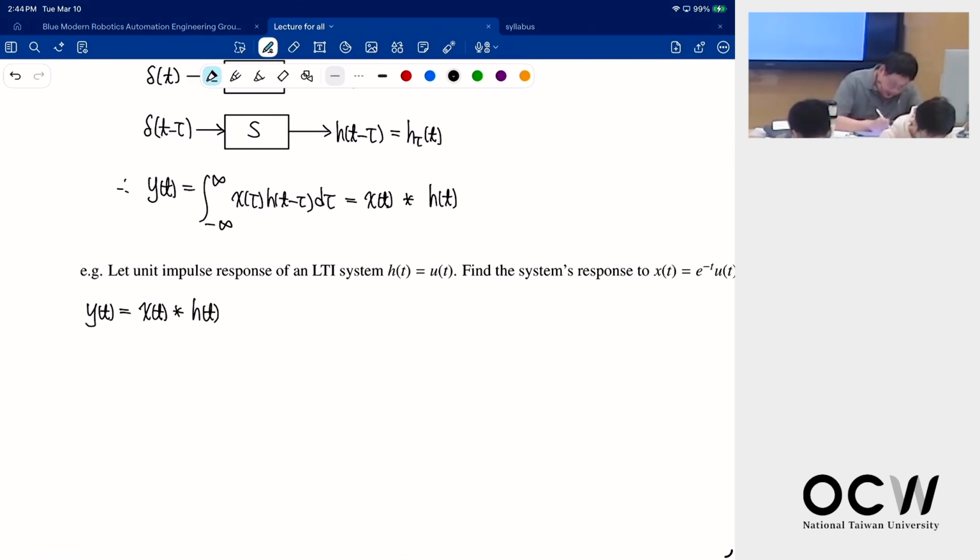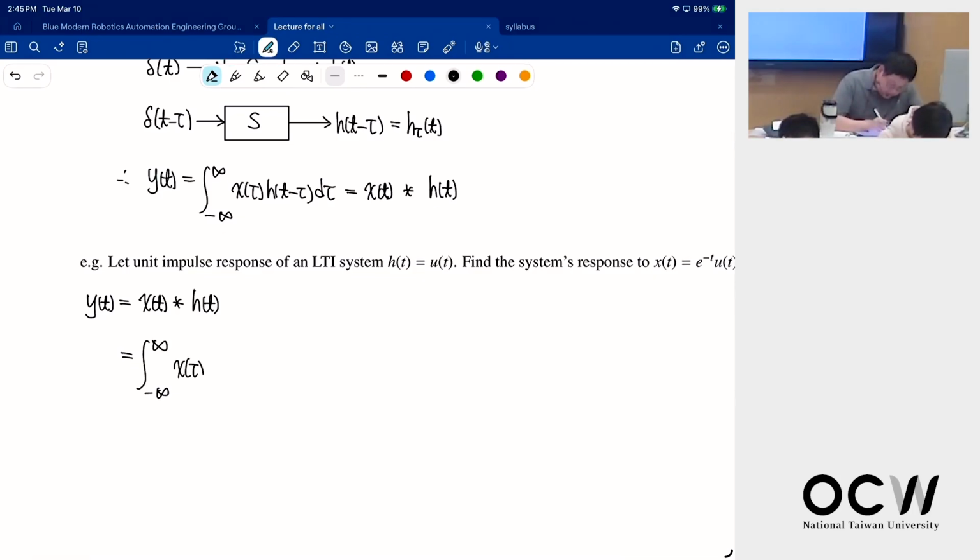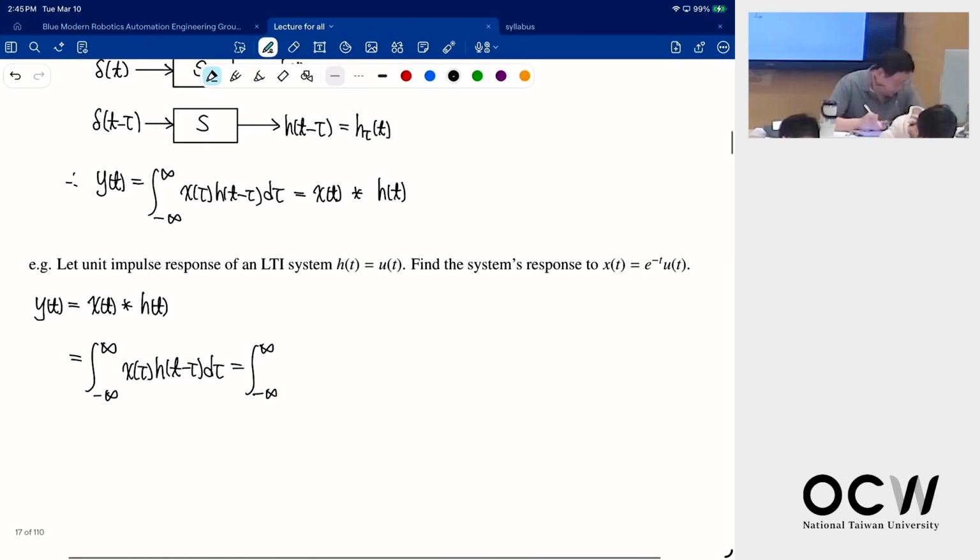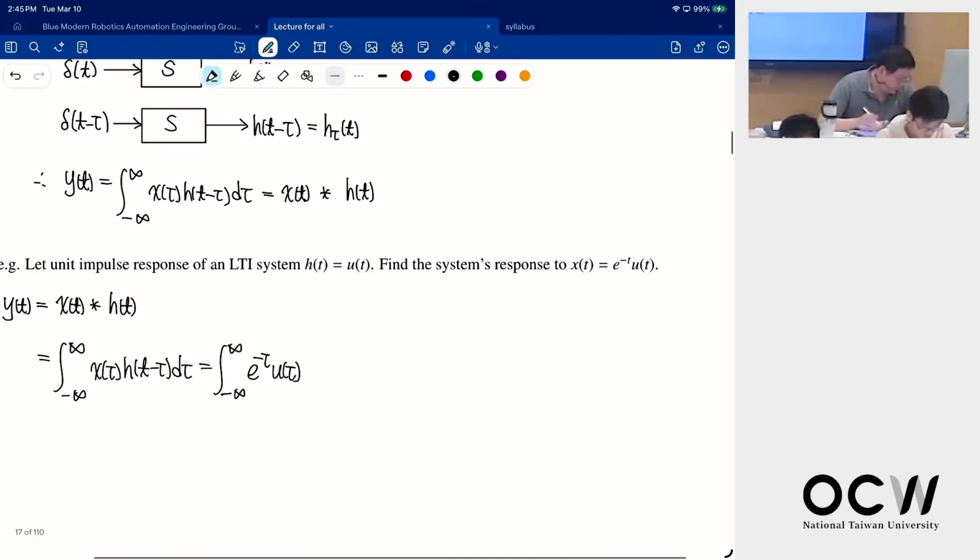That is the integral of x tau times h t minus tau d tau. Okay, here we have x, that's e to the minus tau u of tau, and then your h is u t minus tau d tau.